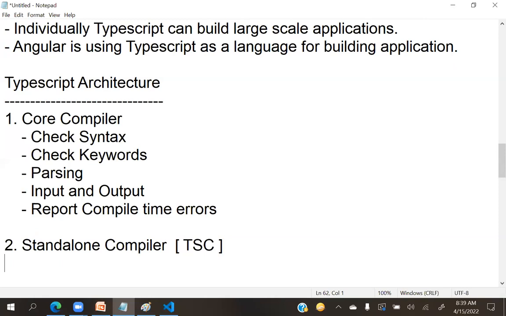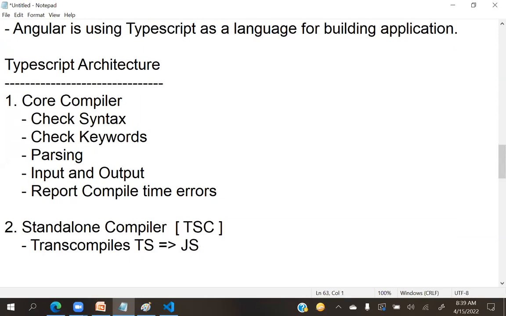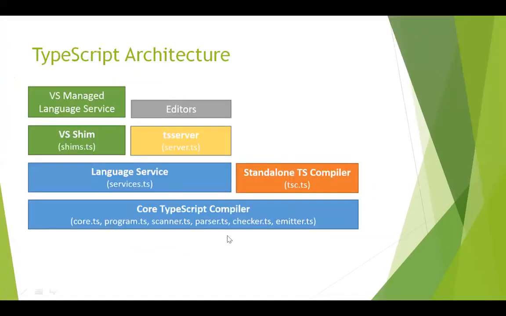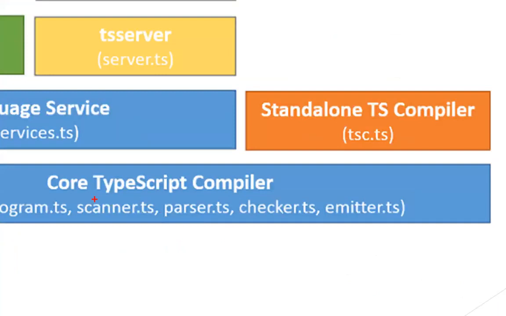After checking, if everything is fine, the second compiler translates, or you can simply say it transcompiles, the TypeScript program into JavaScript. So in the architecture, there are two compilers: the core compiler and the standalone compiler. One checks the problems, another translates into JavaScript.